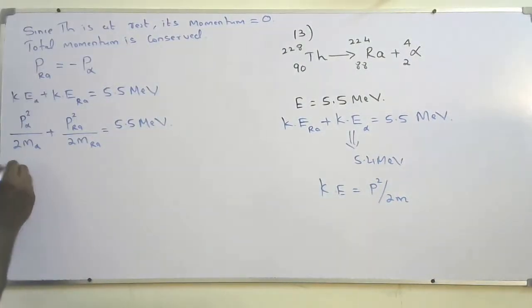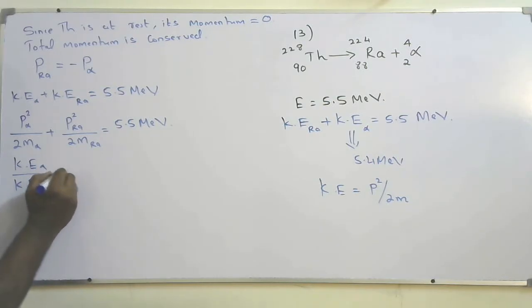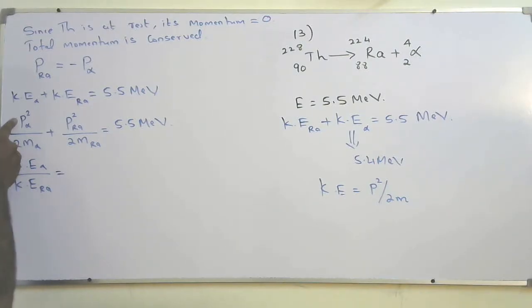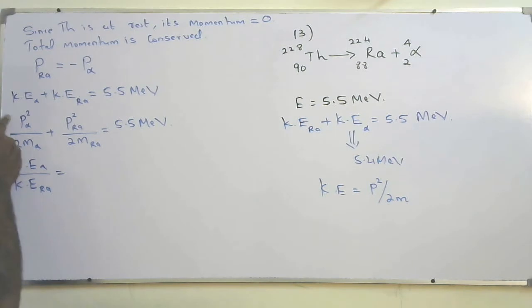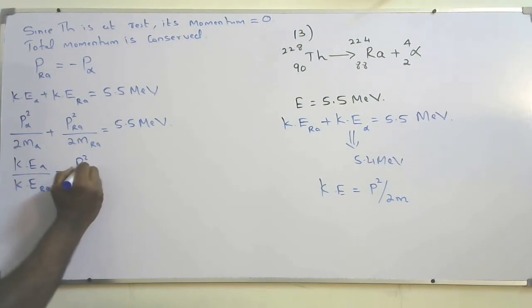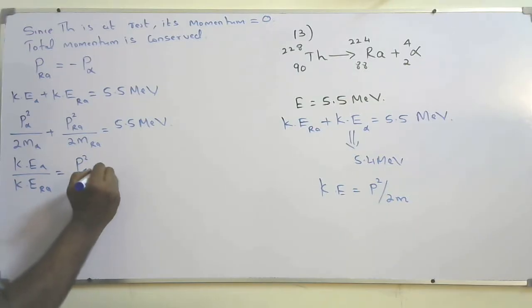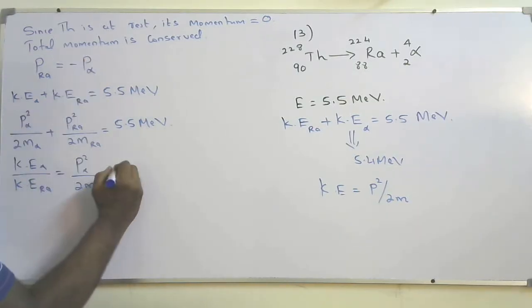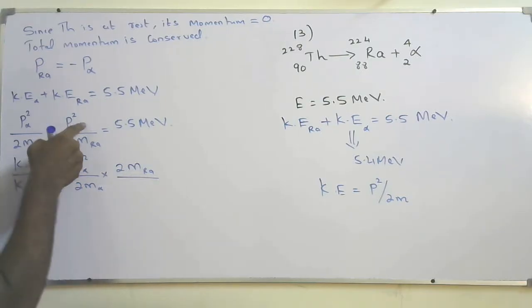So the ratio of kinetic energy of alpha over kinetic energy of radium: P squared alpha and P squared radium are the same. So I can write P squared alpha over 2 times the mass of alpha, multiplied by 2 times the mass of radium over P squared radium.